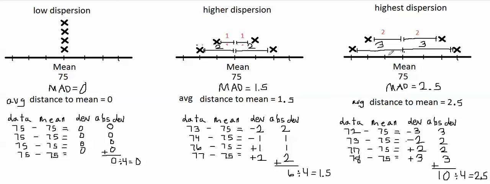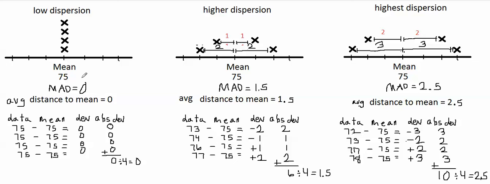Now the MAD is a pretty simple and straightforward way of measuring the spread of the data, but actually the MAD isn't commonly used as a measure of dispersion, and in a few minutes I'll get into the reason why it's not used. But first I want to show you the value that actually is commonly used, which is called the standard deviation.